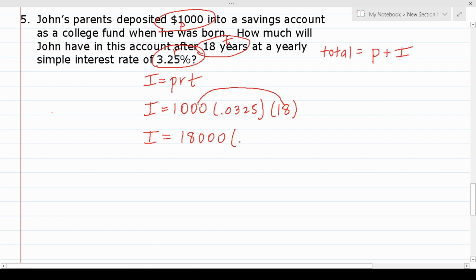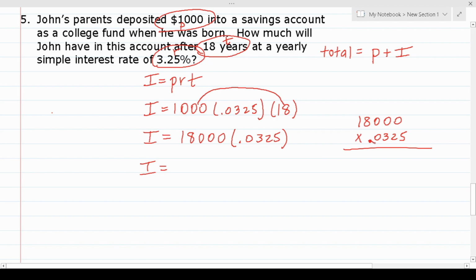And of course, that's times 0.0325. As you can see, we now have to do multiplication, albeit with a whole number and a decimal. So let's do this one off to the side. It's going to be 18,000 times 0.0325. And in order to proceed, I have to convert this decimal into a whole number.